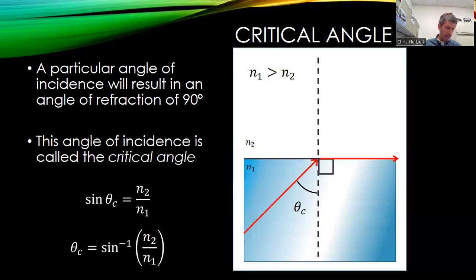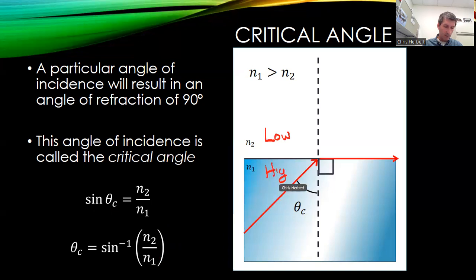And this is really key here, because if N2 is greater than N1, we get a number greater than 1, and you can't take the inverse sine of a number greater than 1. You're not going to get a physical angle. So the only way that this works is for the case where the material which we're entering or trying to enter is a lower index of refraction.